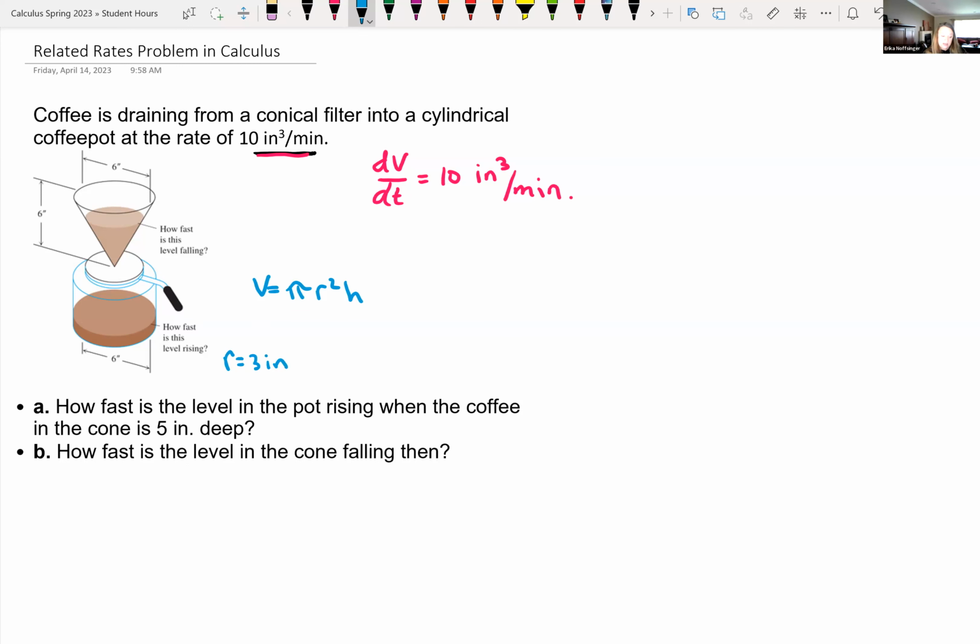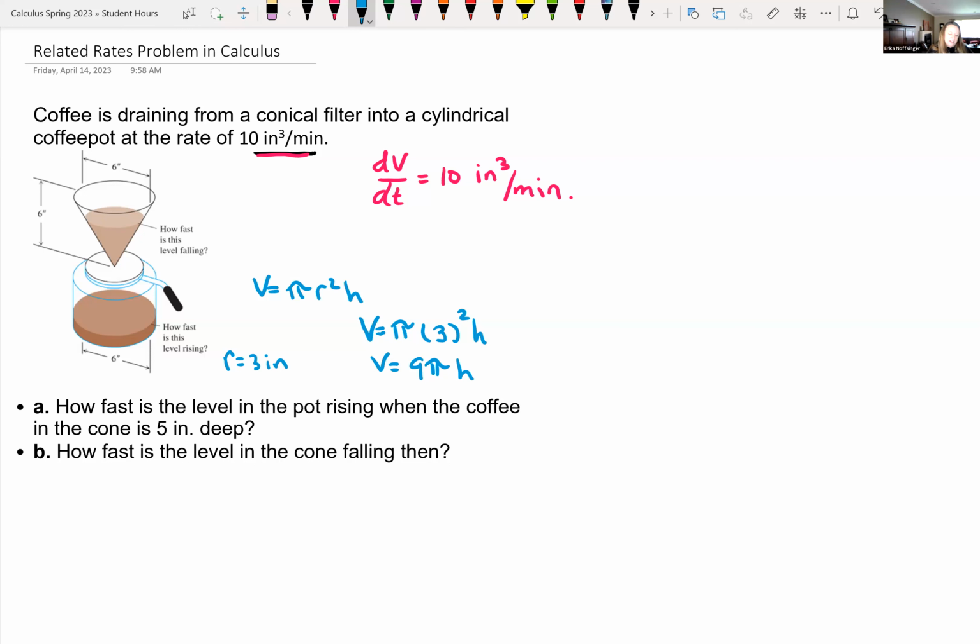Our radius is not changing for this bottom piece of the coffee pot, so let's plug in 3 inches for r. We can rewrite this: the volume of that coffee pot is pi times 3 squared times h, so our volume is 9 pi h.